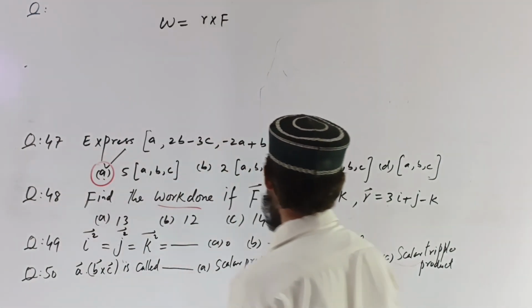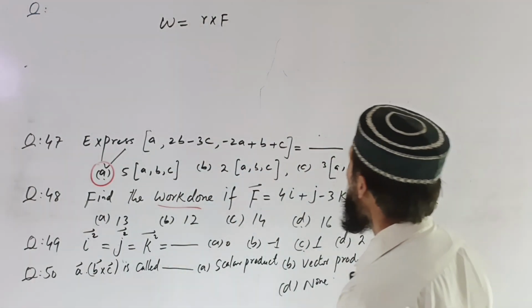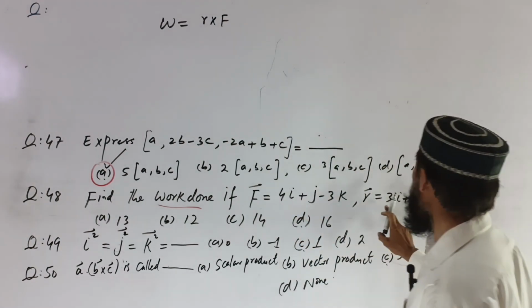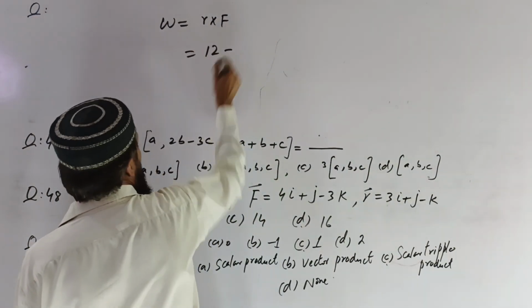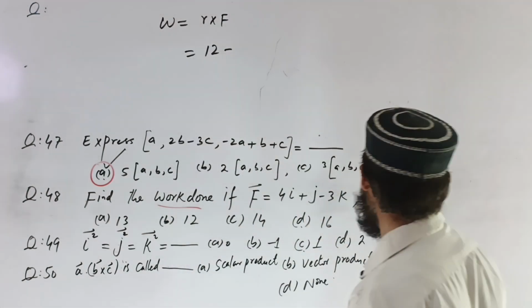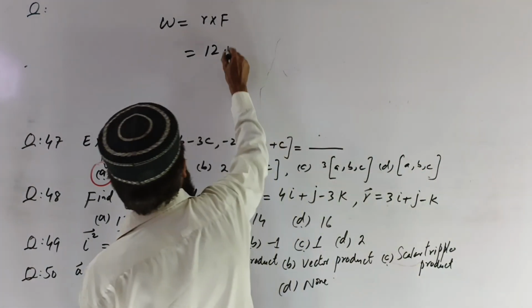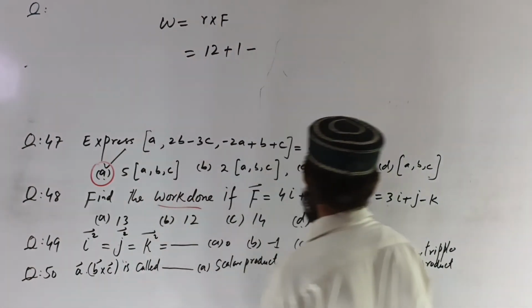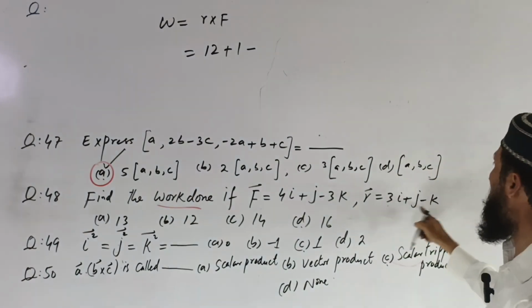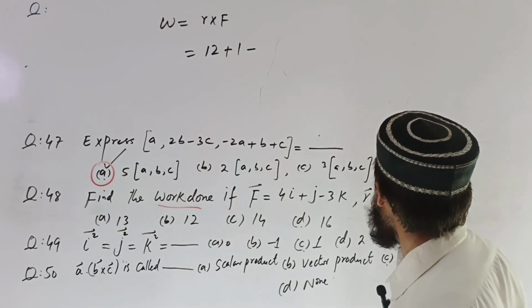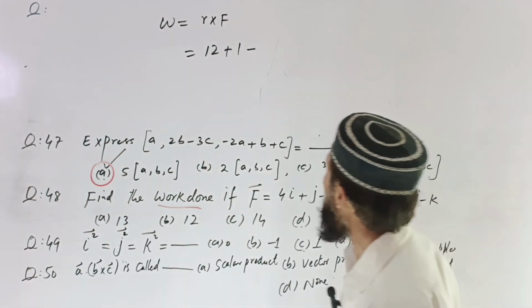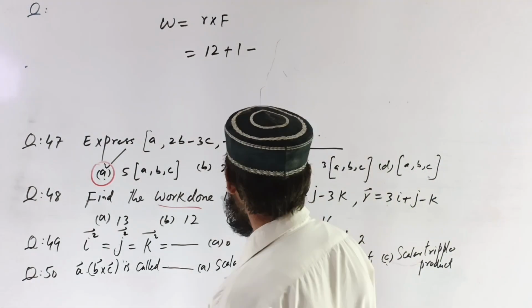4 multiplied by 3 we get 12, and 1 multiplied by 1 we get 1, and minus 3 minus minus gives plus 3, plus 3.